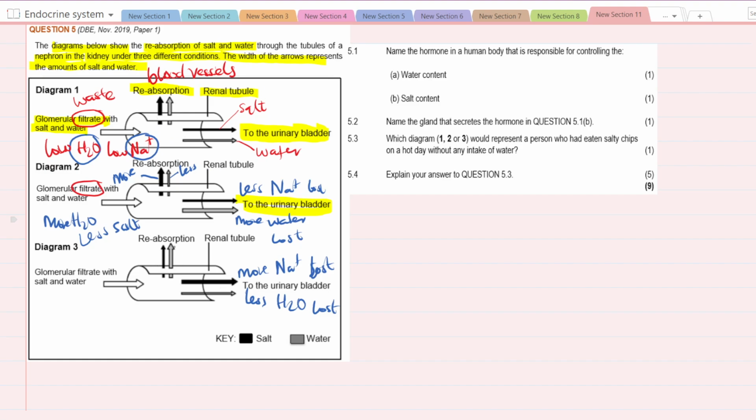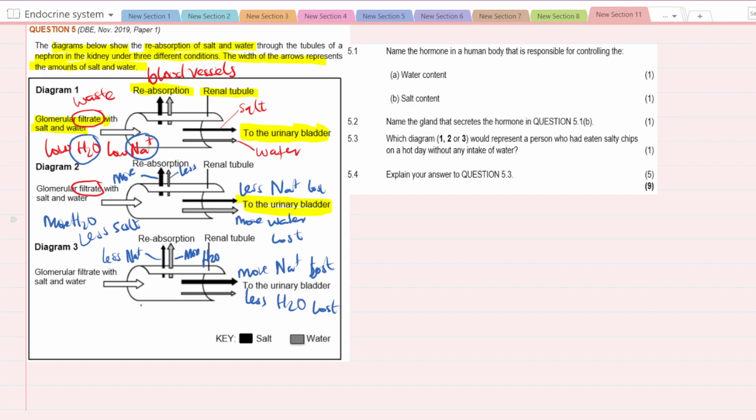Here you have less salt reabsorbed and more water reabsorbed, more H2O reabsorbed.